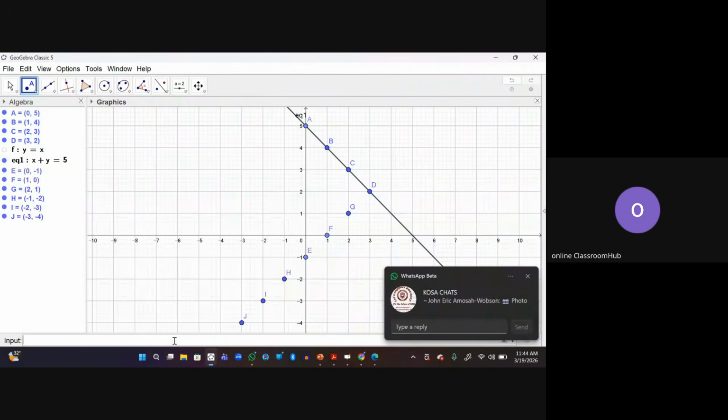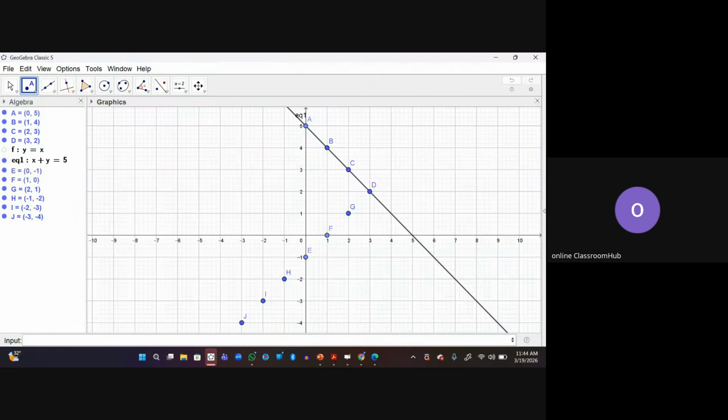Now let us draw our line. The equation is x minus y equal to 1. Was that the equation?